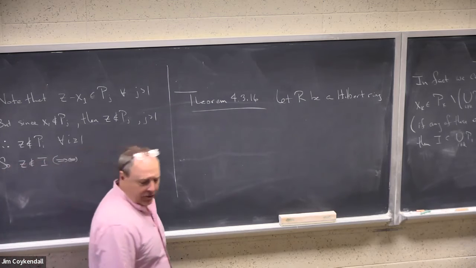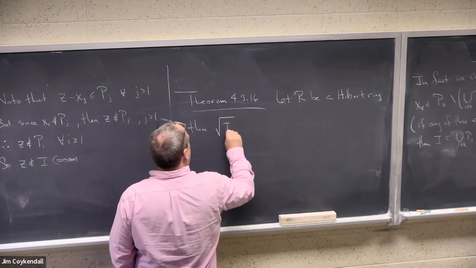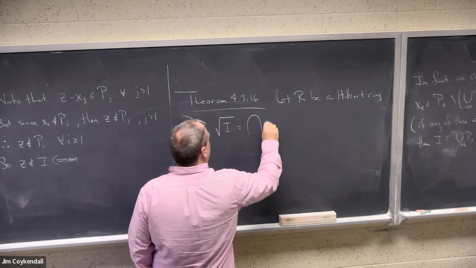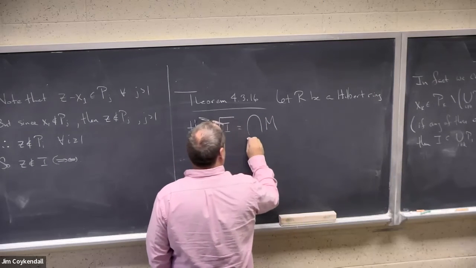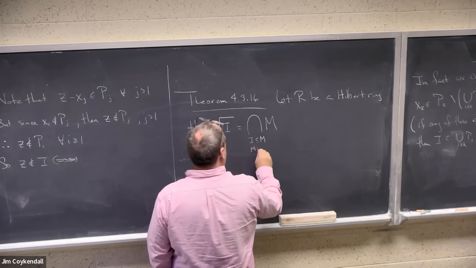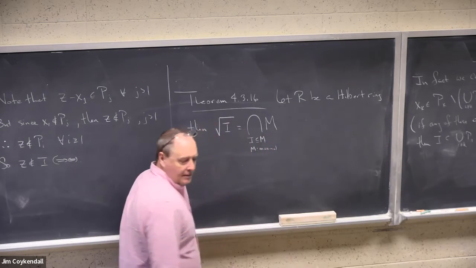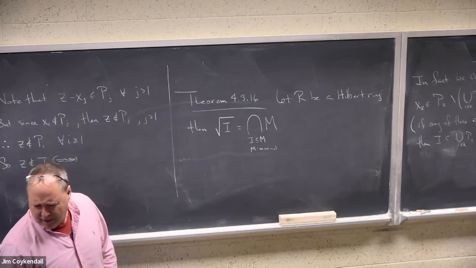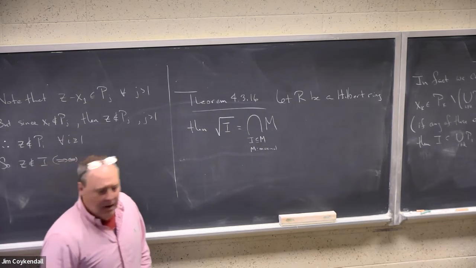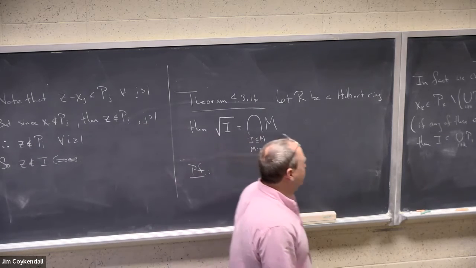Then the radical of I is the intersection of the maximal ideals containing I. This was just a quick observation.